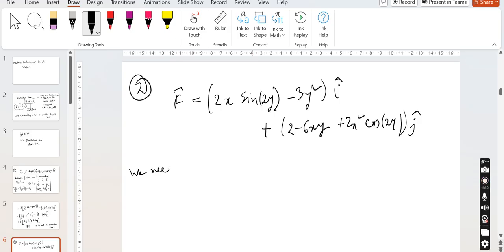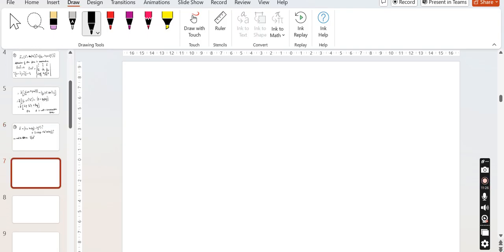So we need to obtain the curl of F. Basically, i, j, k.